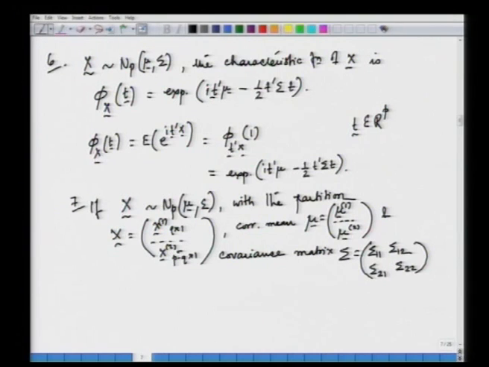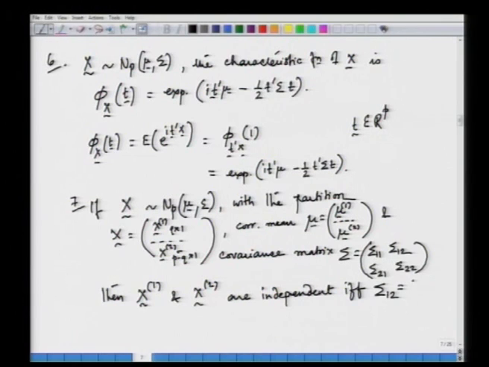We have that the constituent parts, that is x 1 and x 2, are independent if and only if the off-diagonal block sigma 1 2 is a null matrix.